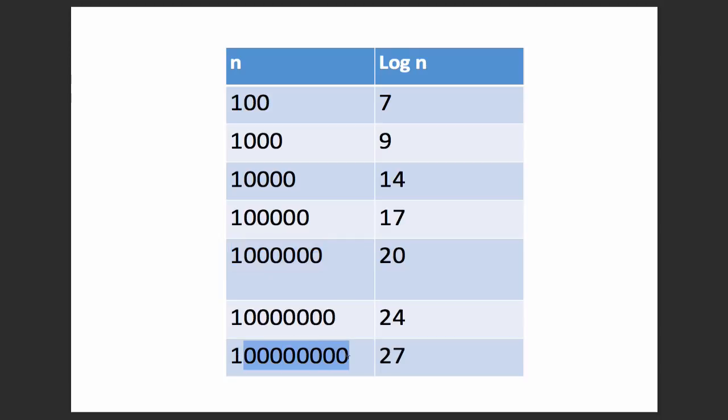You can have huge numbers in our table, and the number of steps that we require to find things grows very slowly. This is a big difference to the growth rate of a linear function. A logarithmic function grows much more slowly, so this is a much better time complexity.